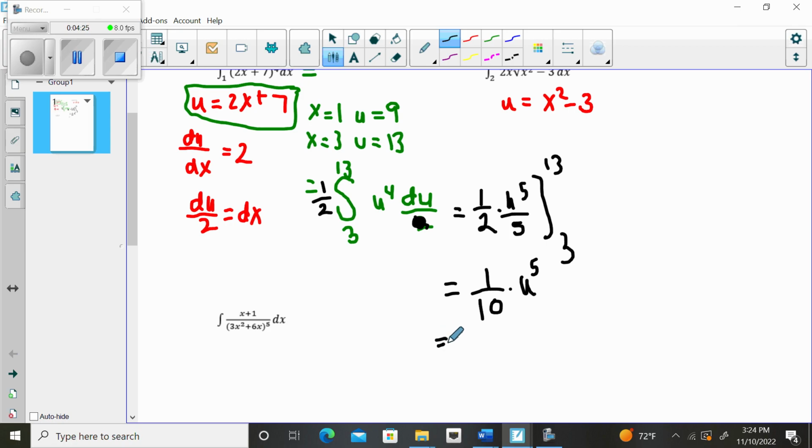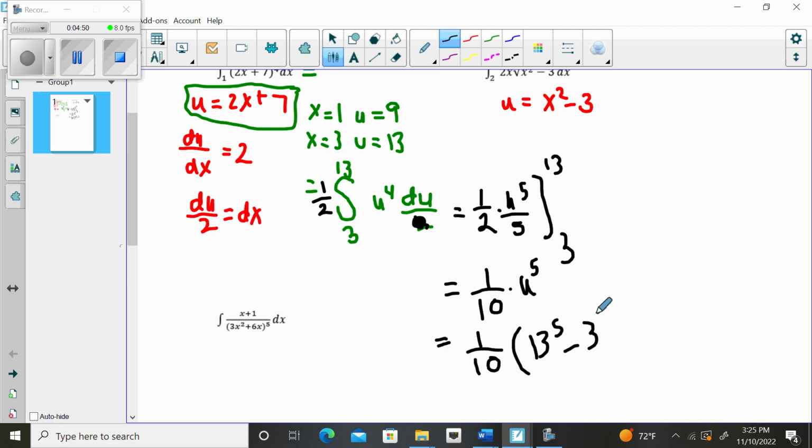And I don't care if you distribute the 1/10 to each term, so maybe you have 13 to the 5th over 10, and then 3 to the 5th over 10. I'm going to leave the 1/10 out in front and write it like this. 13 to the 5th minus 3 to the 5th.